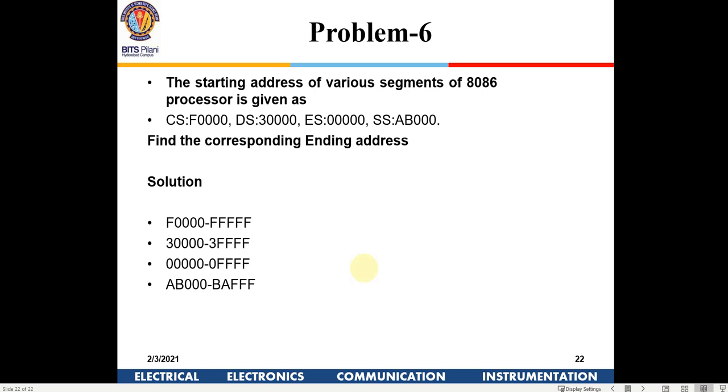We will do 3 or 4 problems in 8086, writing ALPs. Once we start doing that, slowly you will get an idea of how to write programs in 8086. So that's all for today. If you have any doubts, you can ask me. If not, we'll end it here.